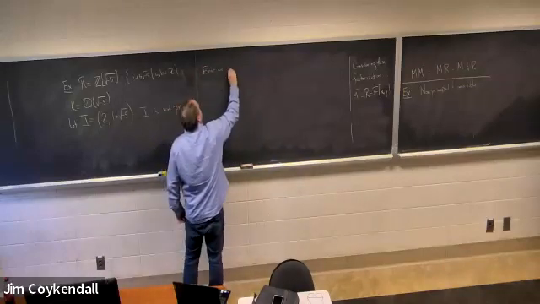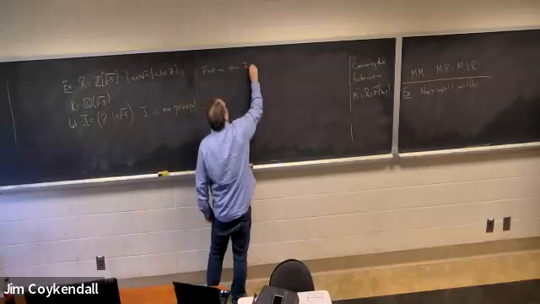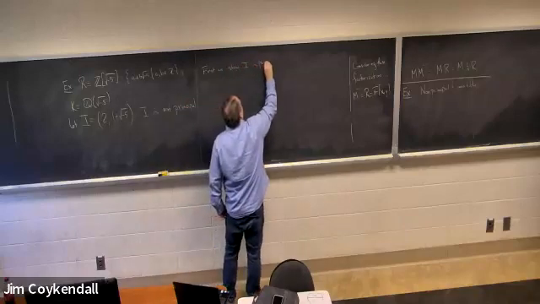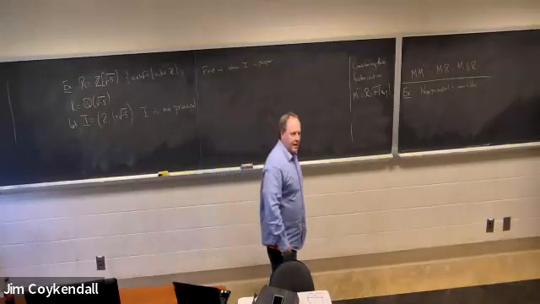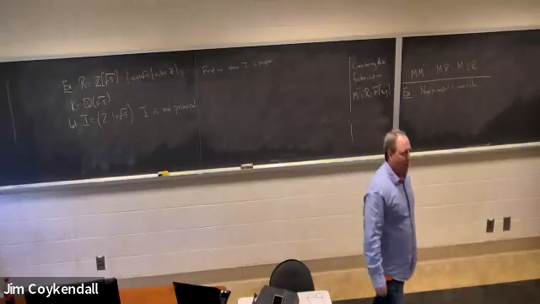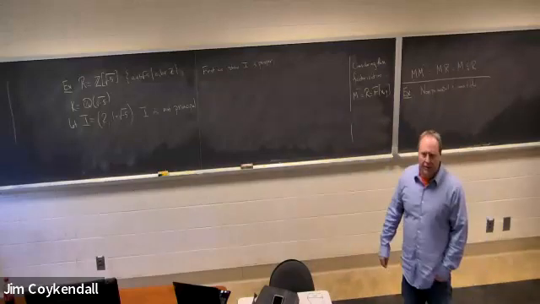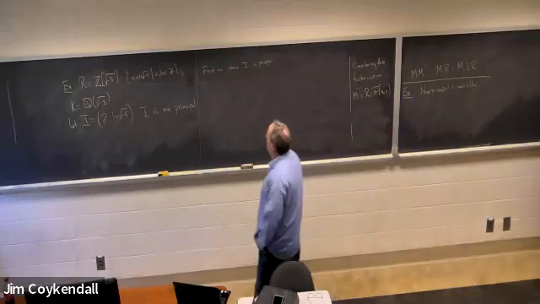We show I is not the whole ring. Because one thing that could go wrong is for it to be the whole ring. If it's the whole ring, it's generated by 1.